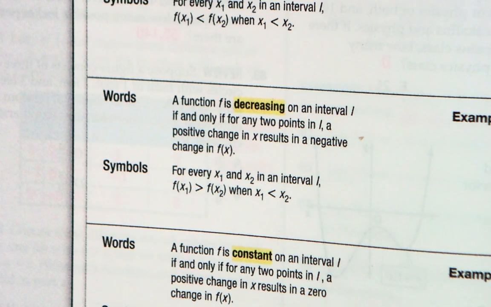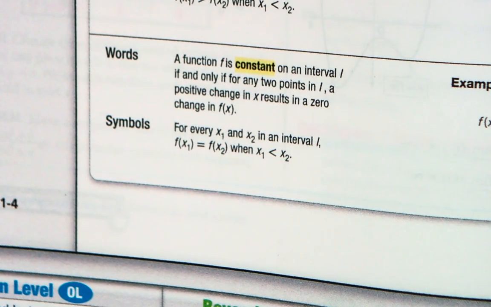Let's go backwards. When I plug in a smaller number, I get a bigger result. So when my inputs get bigger, my results get smaller. And the last one should be no surprise: whatever I plug in, my results are equal. They're the same.